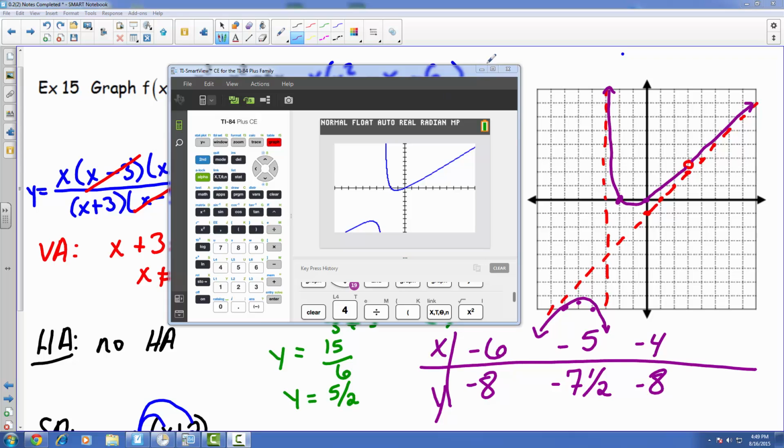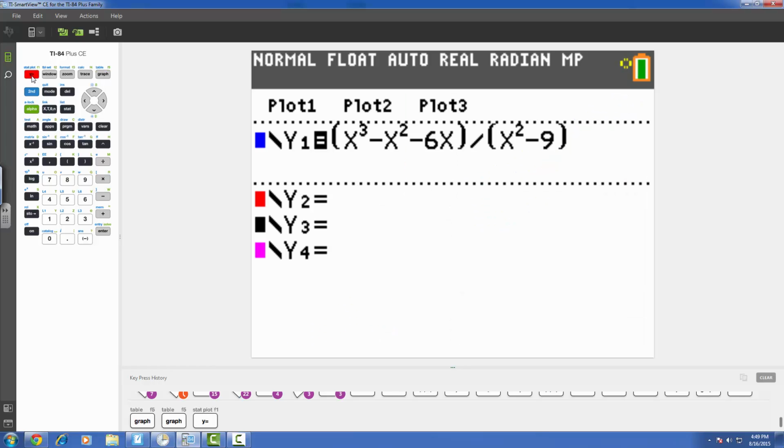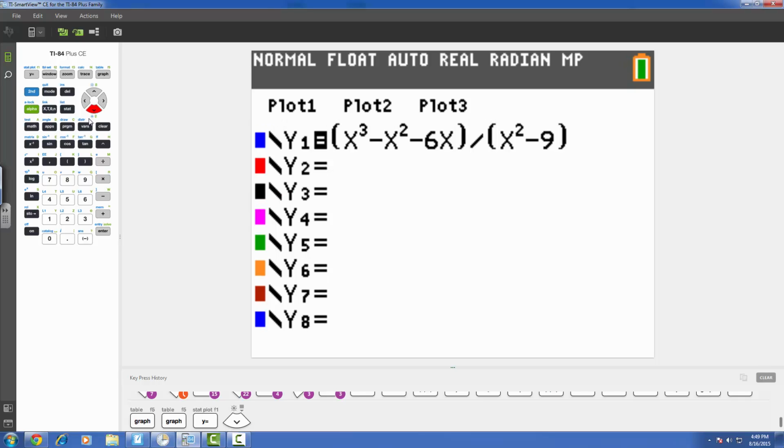Really quickly, what I would like to go over is I'm going to maximize this. If I go ahead and take that slant asymptote, let's go ahead and create a second equation where we can actually see this slant asymptote. Well, we know that it's the function y is equal to x minus 1. So this red line is going to represent x minus 1.